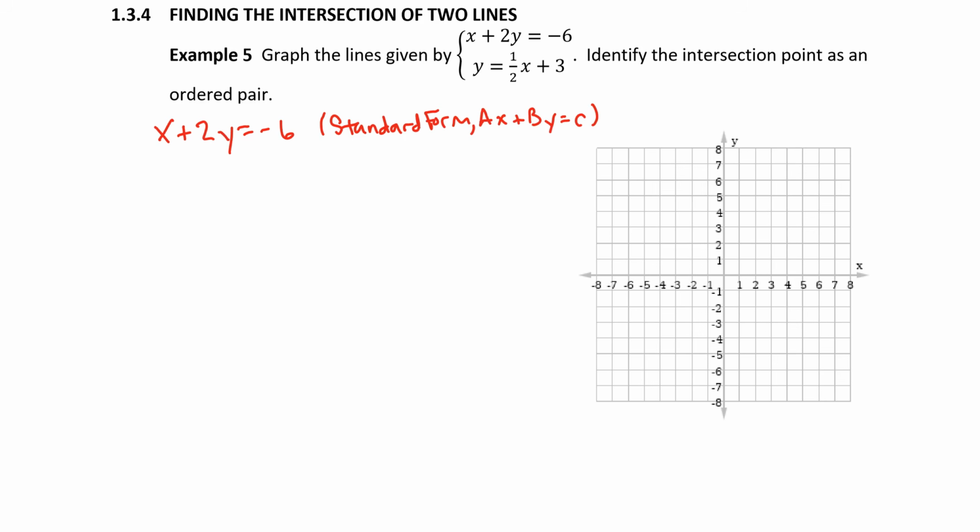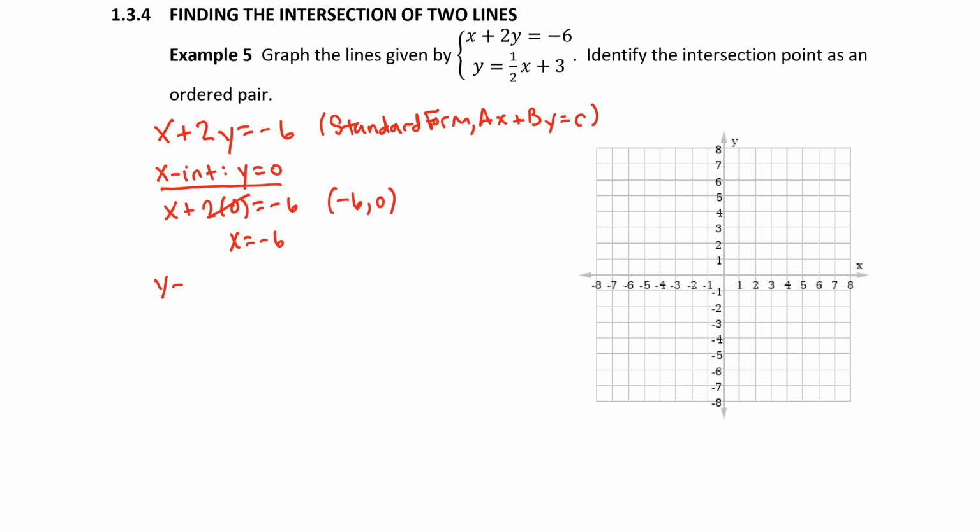So we will review that here. Remember, to find the x-intercept, we set y equal to 0. So we have x plus 2 times 0 equals -6, or x equals -6. Well, that was easy. Our ordered pair for the x-intercept then is -6, 0.